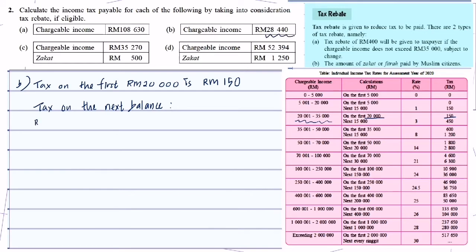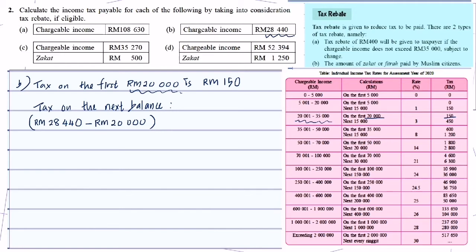So you write first. Okay, minus, just now tax on the first 20,000 counted already, right? So minus 20,000.